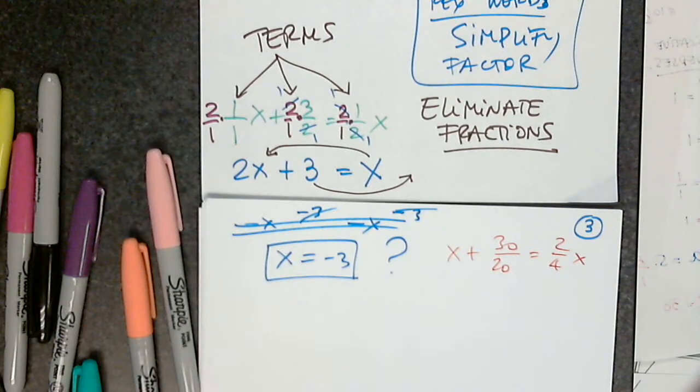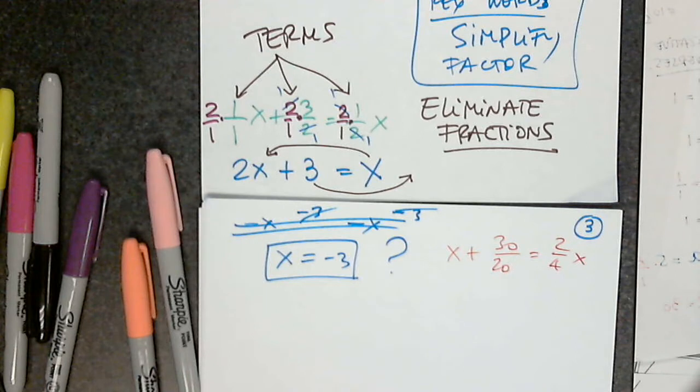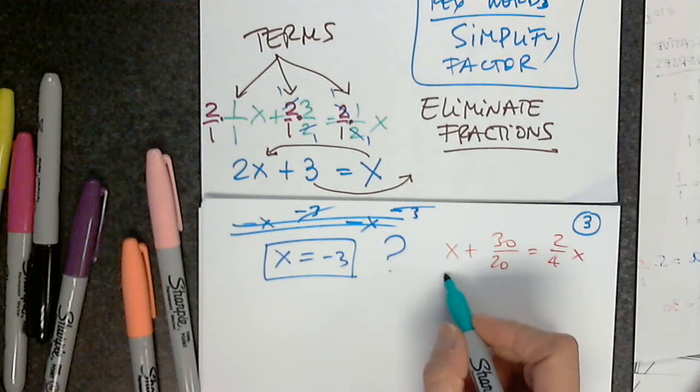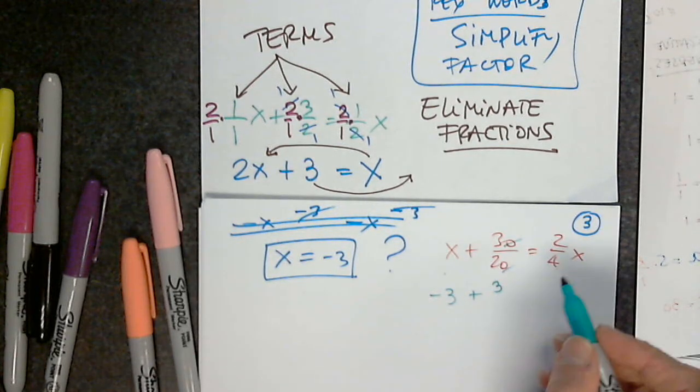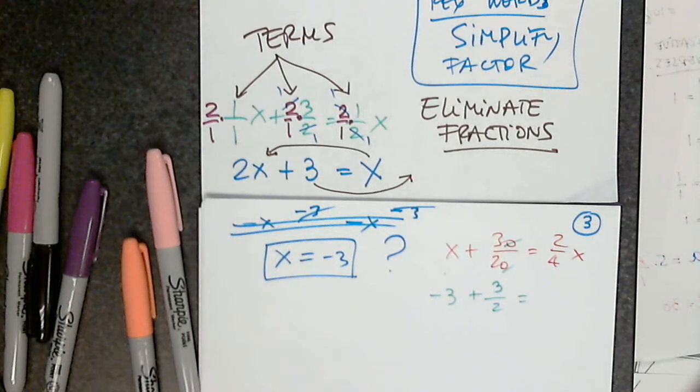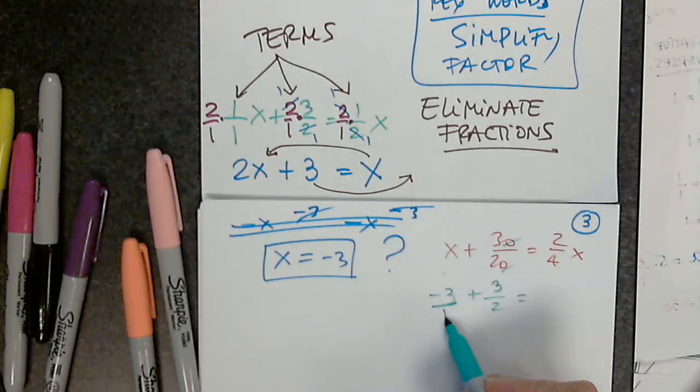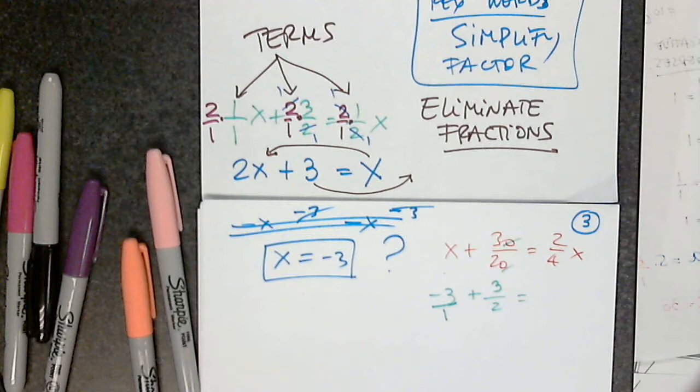We claim that the simplified form of the answer is -3. I'm going to replace x by -3 here. I can still simplify 3 over 2 and see what I get. This is -3 over 1. We studied this last time. How do I add or subtract 2 fractions?